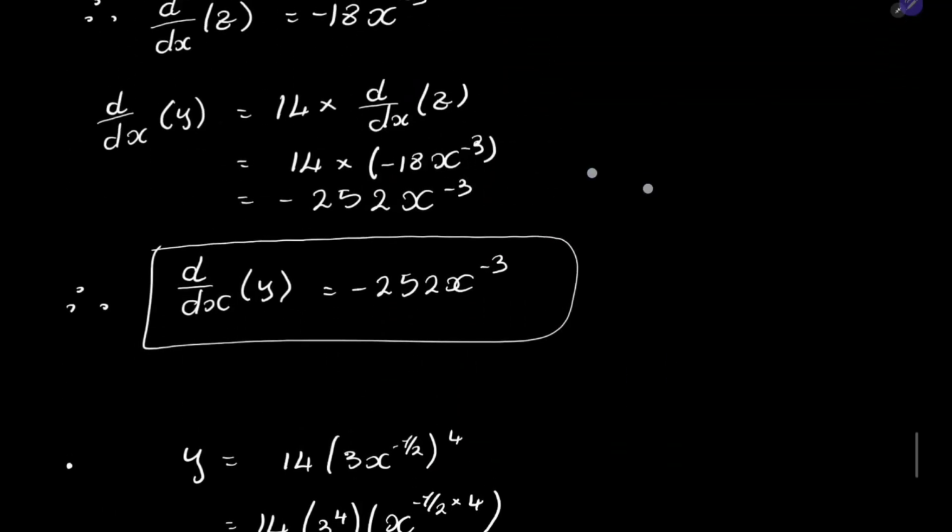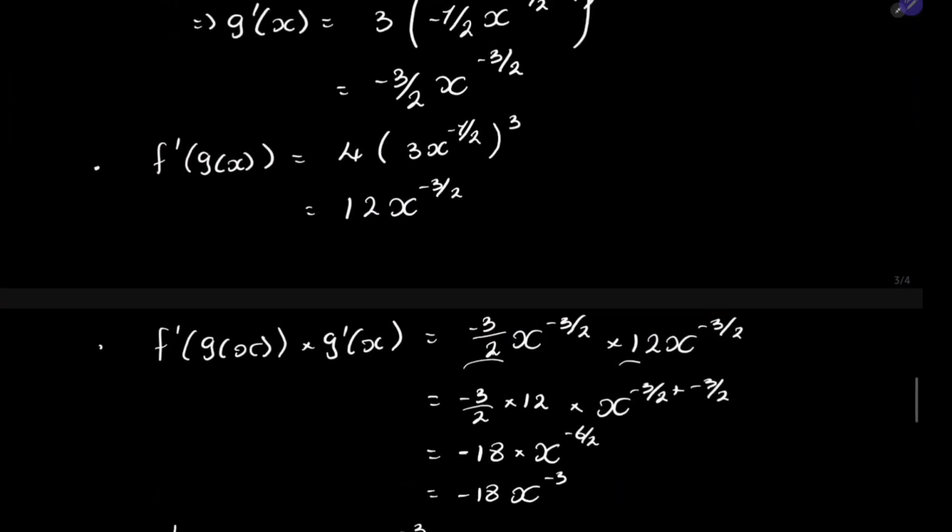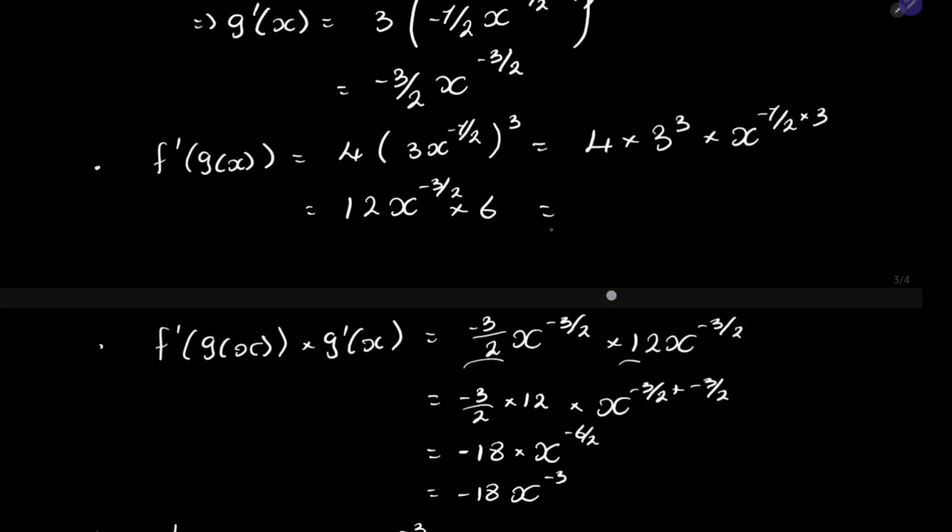This is different from the earlier result because I just noticed we made a simple error above here. This is equal to 4 times 3 to the 3 times x to the negative 1 on 2 times 3. 3 to the 3 here is 27, so this still has to be multiplied by 6, which then gives us 108 x to the negative 3 on 2.